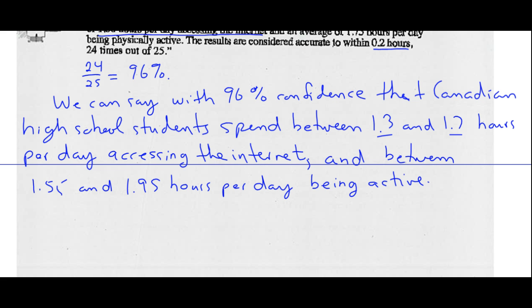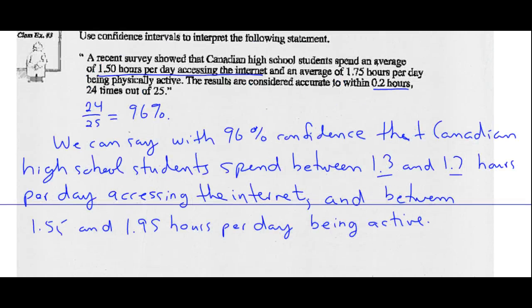Again, we were told 1.75 hours a day being physically active within 0.2 hours. So 1.55 is 0.2 less than 1.75, and 1.95 is 0.2 greater than 1.75.